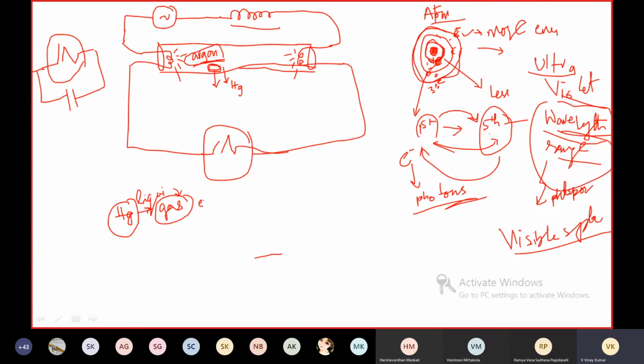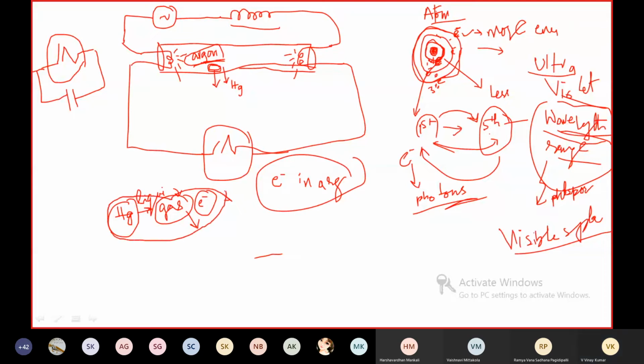Again, electrons are present in these gaseous molecules. The electrons in argon gas and the electrons in gaseous mercury will collide with each other.